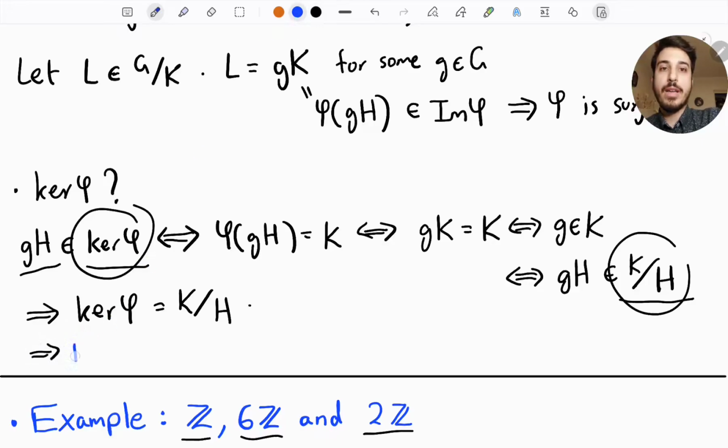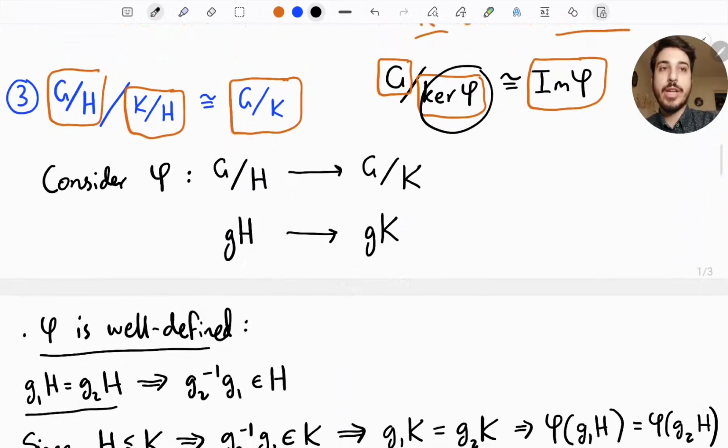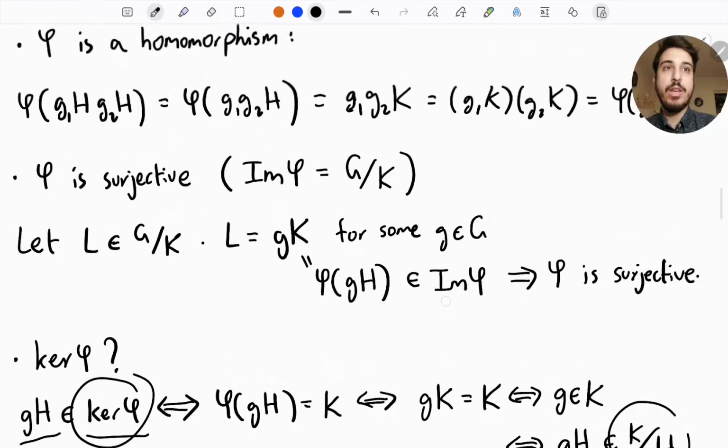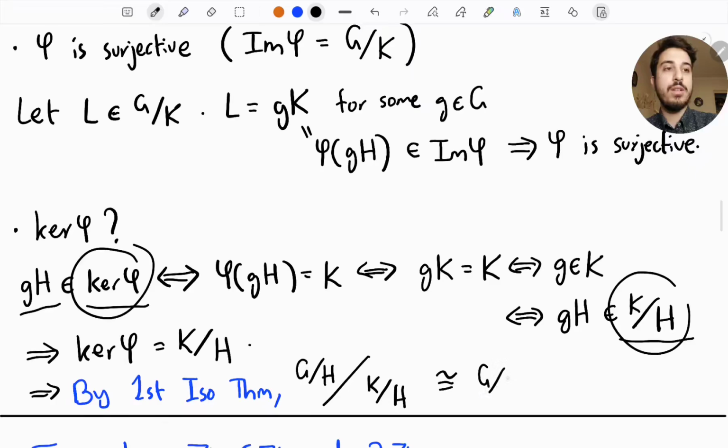By the first isomorphism theorem, if we take the group G/H and quotient it with the kernel, which here is K/H, this is isomorphic to the image of phi, which is proven to be G/K. And that is exactly the third and final part of the proof of this theorem.